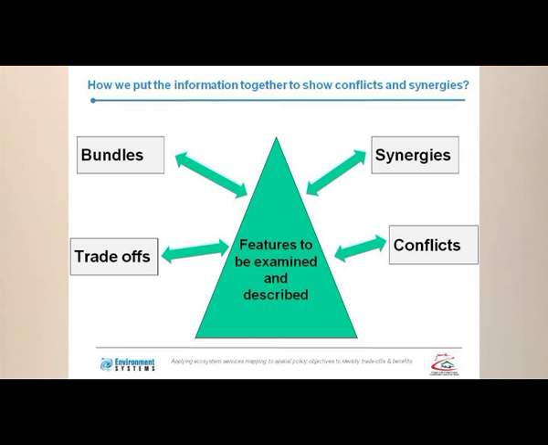Intensive land management to the benefit of the bundle as a whole would be considered a conflict, because the more intensive the land management, the less the natural populations occur and the less natural habitat you have available. This would be considered a negative effect and scored accordingly, whilst areas being part of an existing network or existing site of designated importance would be considered a positive effect, a synergy, and therefore added rather than subtracted.